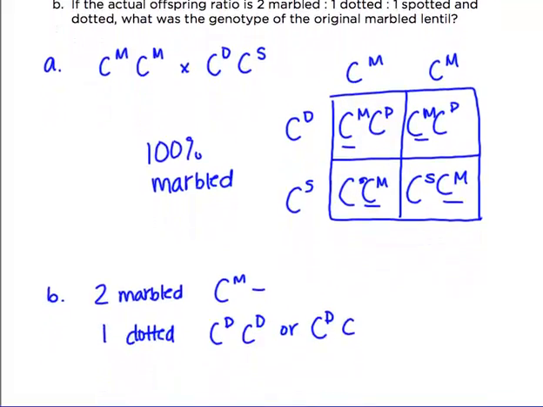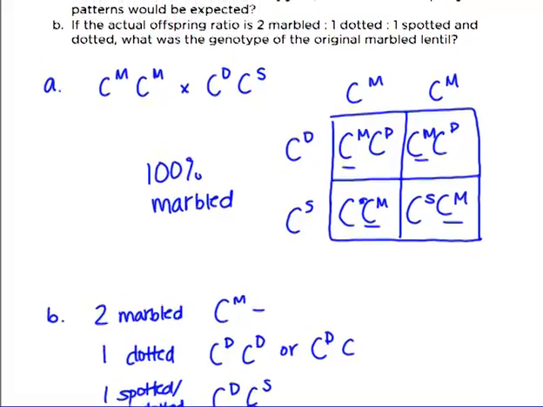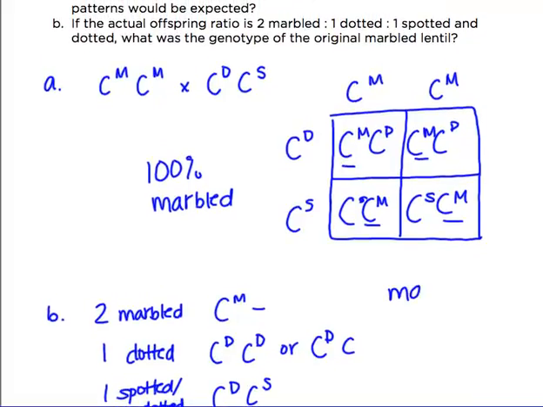And for spotted and dotted, that genotype definitely has to be CD, CS, because they're codominant alleles. And remember, for every gene locus, every individual can only have 2 alleles. So again, the parents are marbled, it's one parent, and the other parent is spotted and dotted.